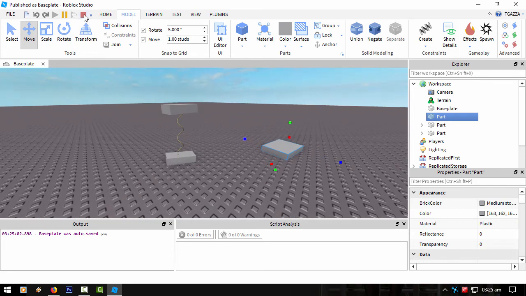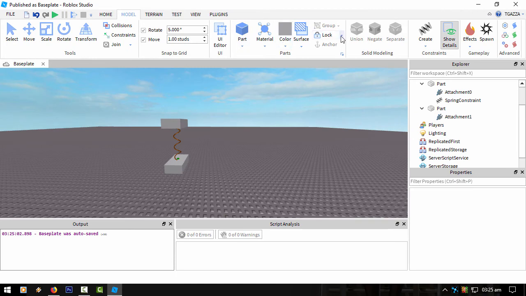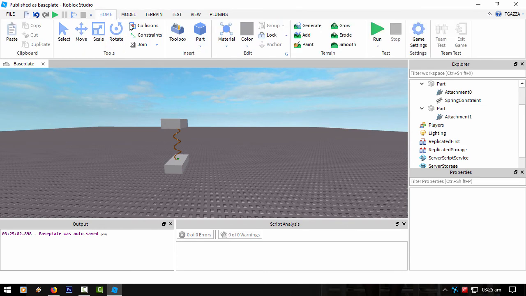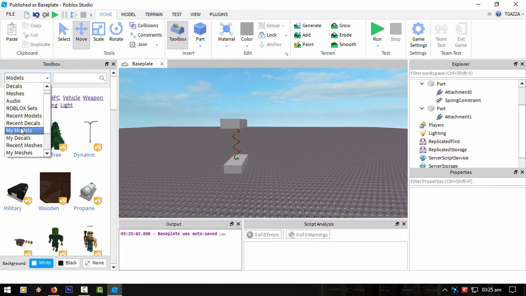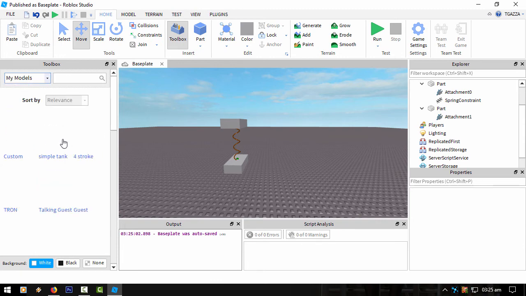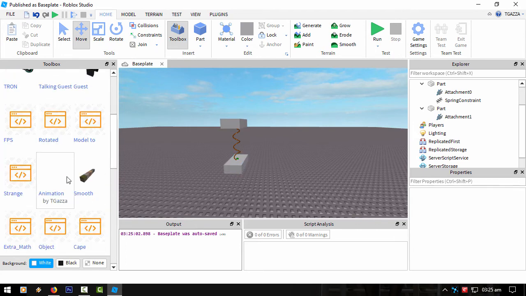So yeah, I'll show you an example of what you can actually do with that and prismatic constraints. I've sort of made a little model in my toolbox, my models, of an actual suspension system, if you like.